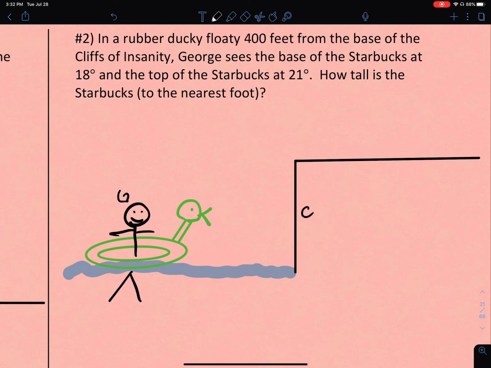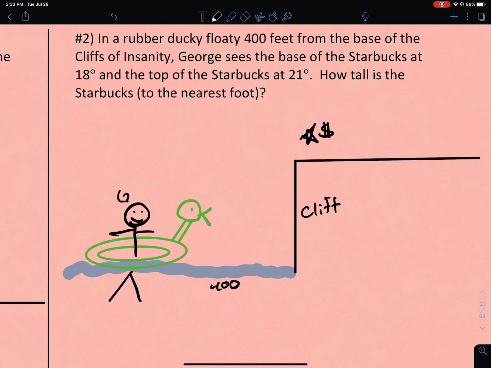In case it's not obvious, it says that he is 400 feet from that cliff. He sees the base of the Starbucks at the top. George sees the base of the Starbucks at 18 degrees and the top at 21. It's implied here, I believe, that this Starbucks is on top of the Cliffs of Insanity.